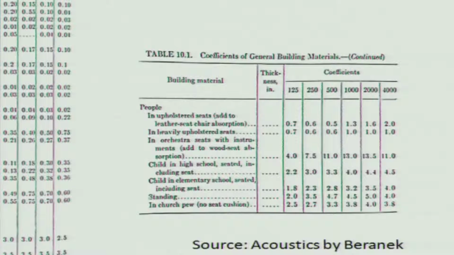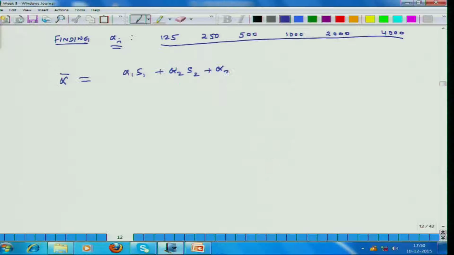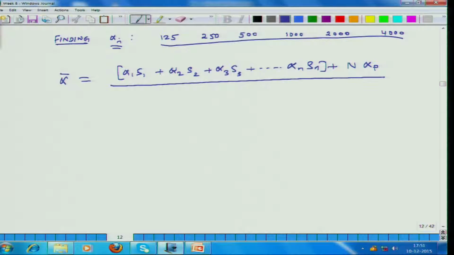It is alpha 1 S1 plus alpha 2 S2 plus alpha 3 S3 plus, the same stuff which we had seen earlier, plus some other term, and that is N times alpha P divided by S.